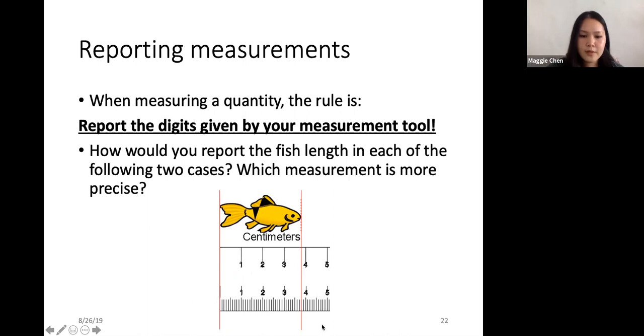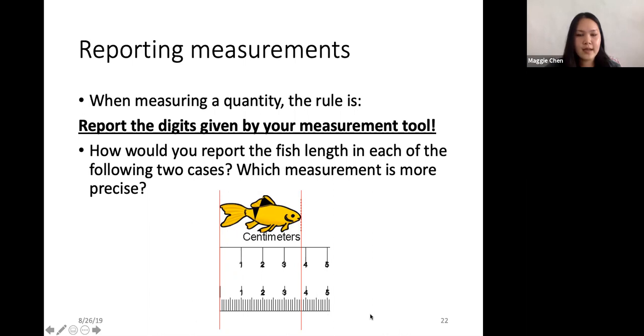The ruler at the bottom, along with centimeters, we're given millimeters too. With this extra level of detail, we can say that the fish is actually 3.8 centimeters. And that means, just looking between the two, this one is more precise. The amount of detail that we're given and the amount of detail that we can then report is more than this ruler. So between these two, this ruler would be more precise.